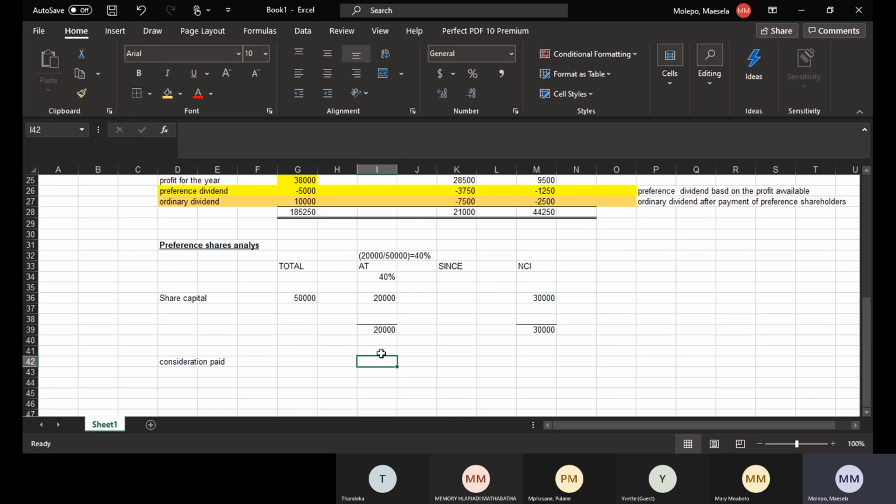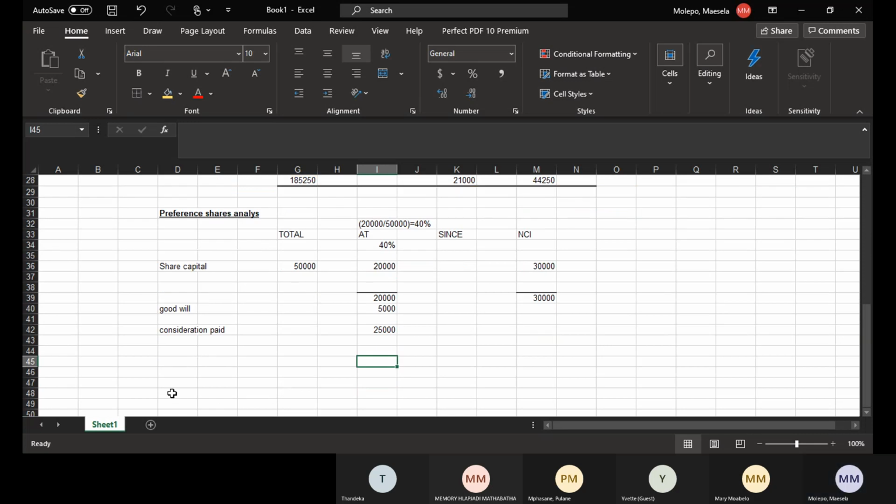So the consideration given is 25,000. So 25,000 minus our 20,000 represents the goodwill. So there's a goodwill of 5,000.